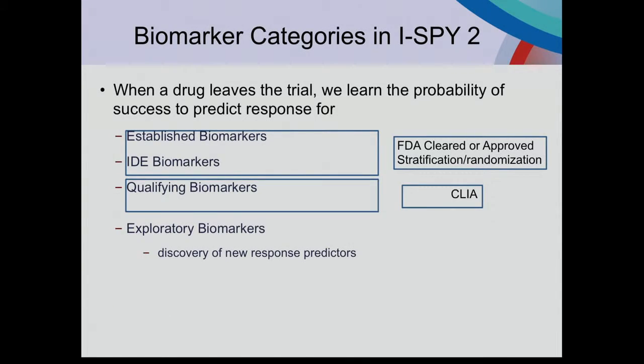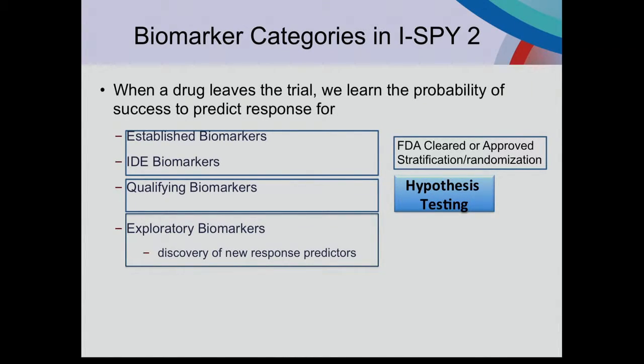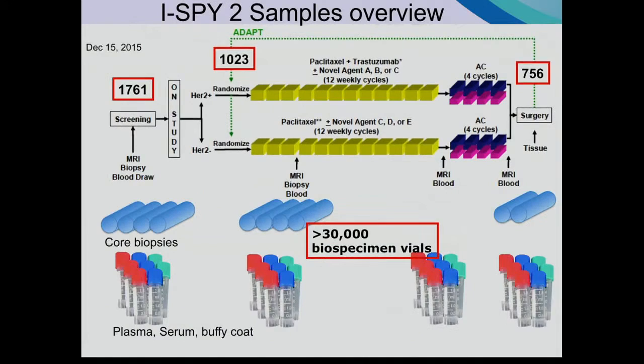We're set up to qualify biomarkers, and there come all these DNA repair and BRCA status. Those are hypothesis testing, and I will show you some of the results. We're also going into the exploratory phase where we're going to analyze all of our next generation sequencing and phosphoprotein data to do even better.